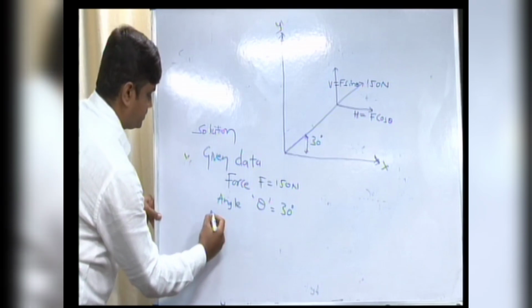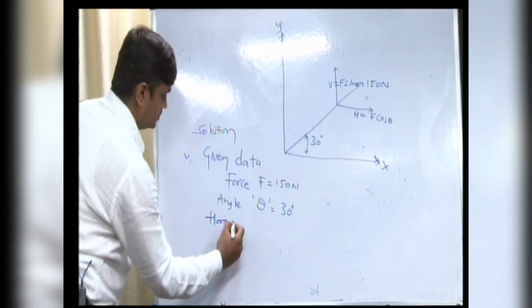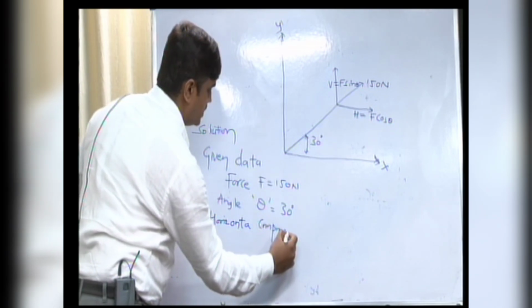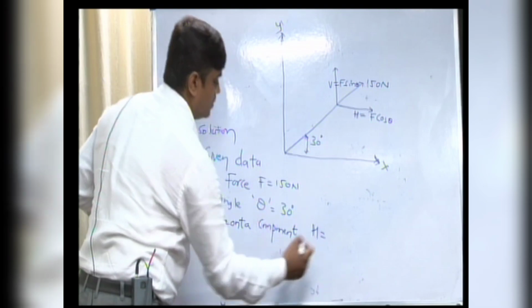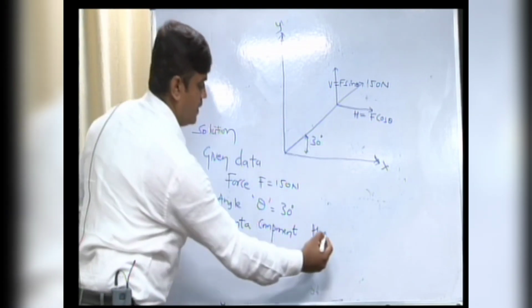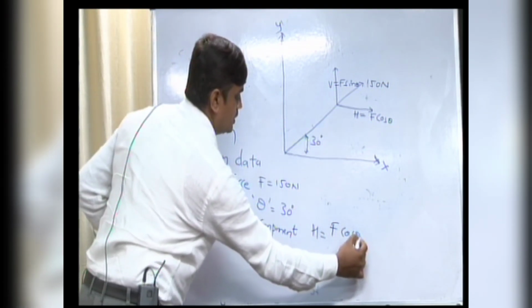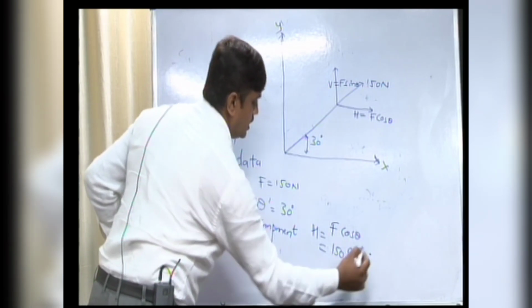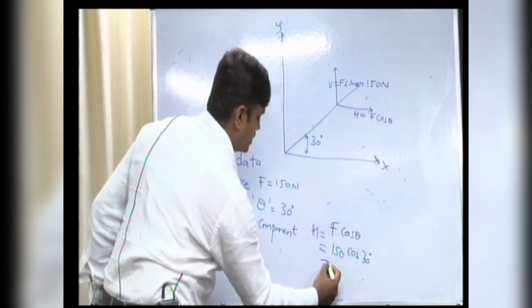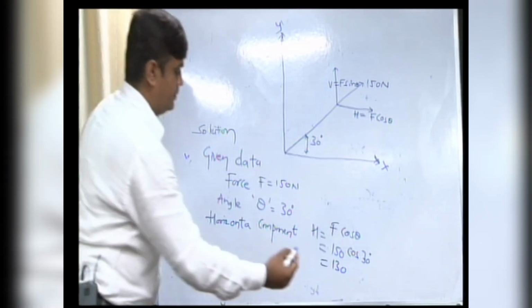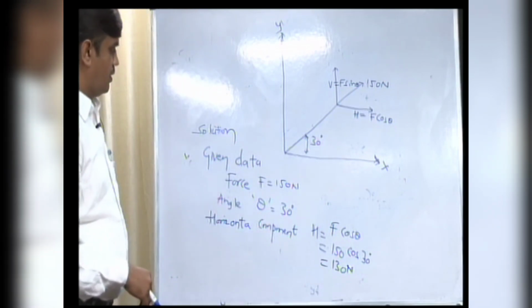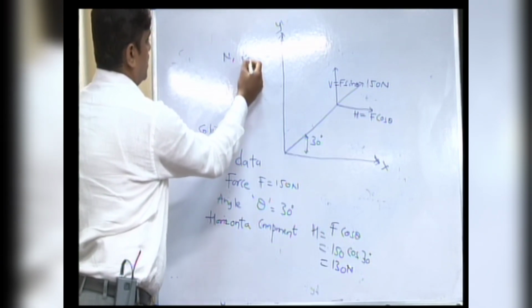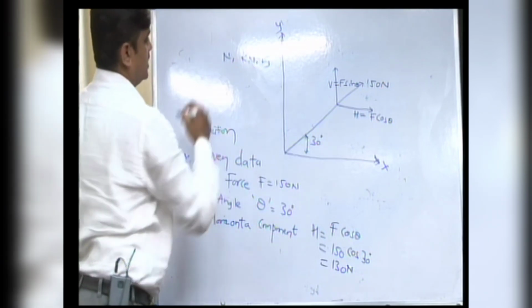Horizontal component, H is equal to, as I told you, F cos theta, that is 150 Newton cos 30 degree, we get 130 Newton. Unit is Newton. For the unit of force, we can take Newton, kilonewton or even kg.